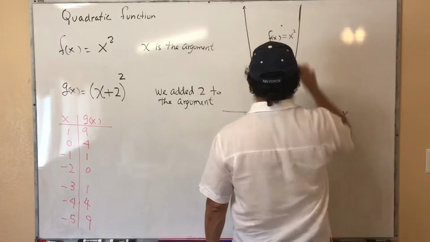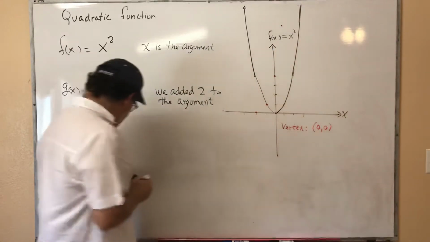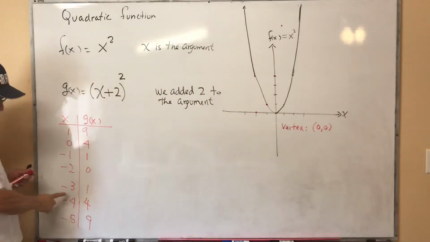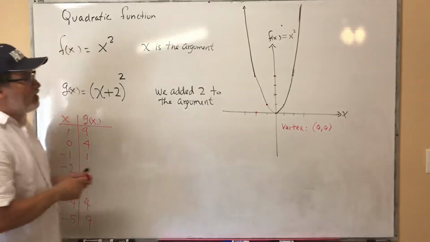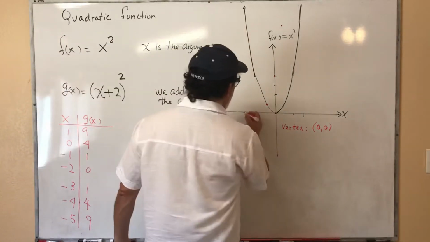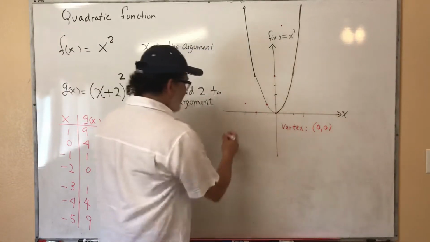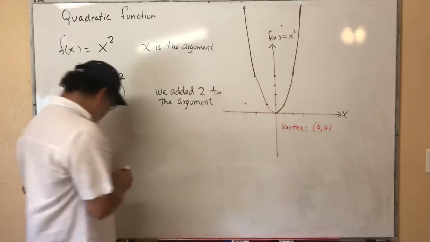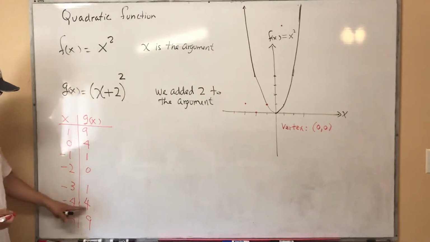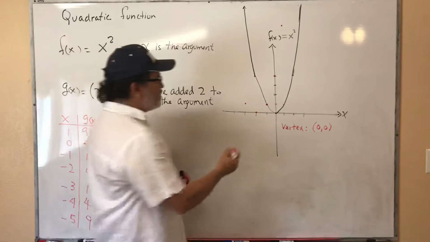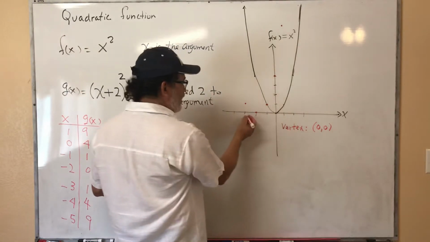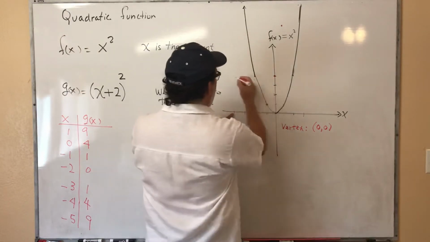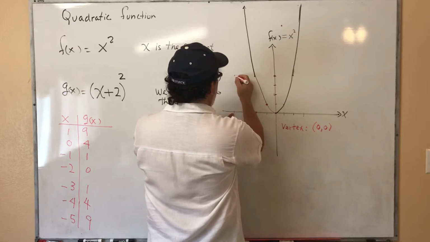It's only an approximation, okay? Let x be -3. g of -3 is 1, right there. Let x be -4 and we get 4 right there.